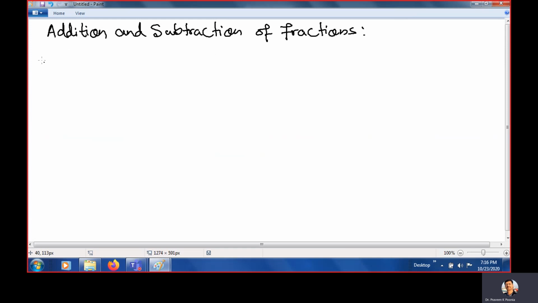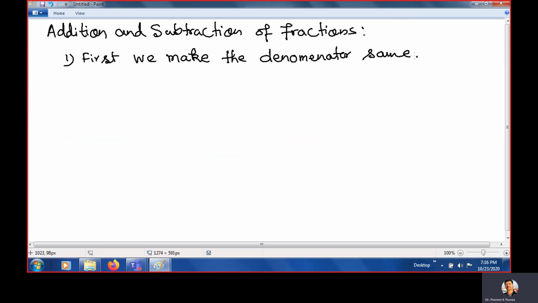The method is very simple. First, we make the denominator same. This is the first step.